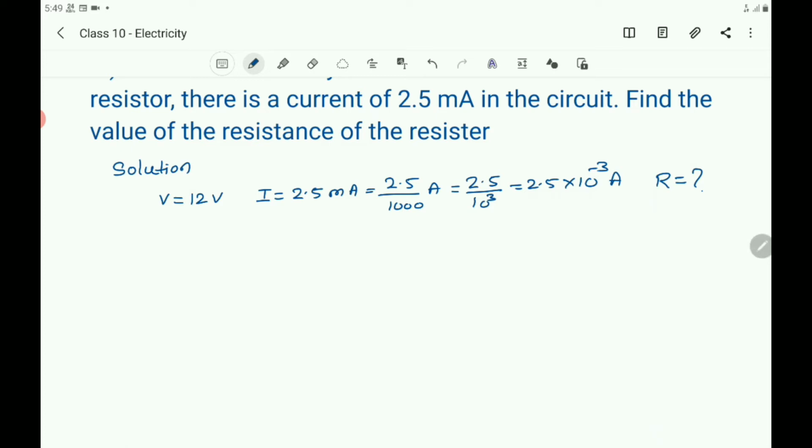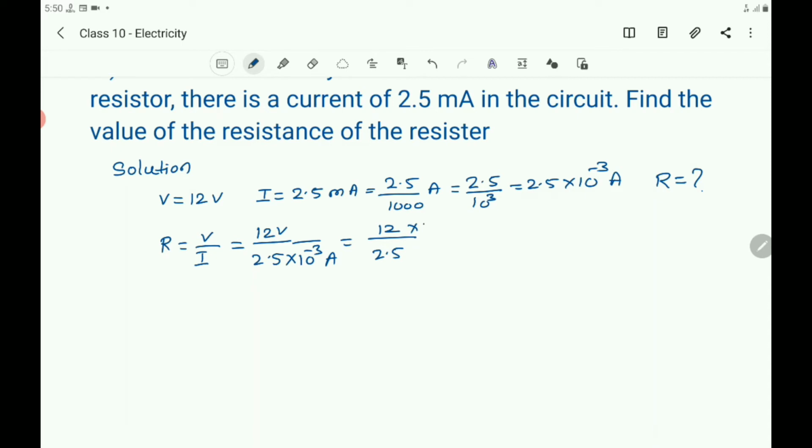Now you know the relation among V, I and R, that is V equals RI, or R equals V by I. R equals V by I, and V is 12 volt and current is 2.5 into 10 to the power of minus 3 amps, that equals 12 by 2.5.